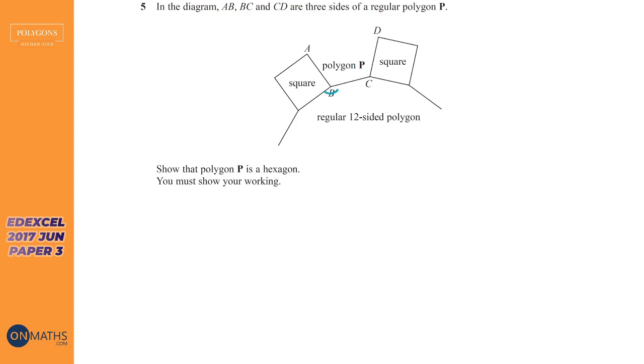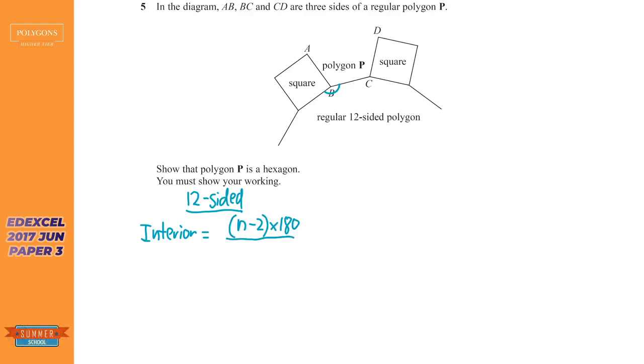So I'm going to work out the interior angle of the 12-sided polygon, or the dodecagon, and I'm going to write down 12-sided, show the mark of what I'm doing, and we're going to do the interior. To do that we do the number of sides, take away 2, times 180, and then to work out what the actual side is, because it's regular, we just divide it by 12, simple as that.